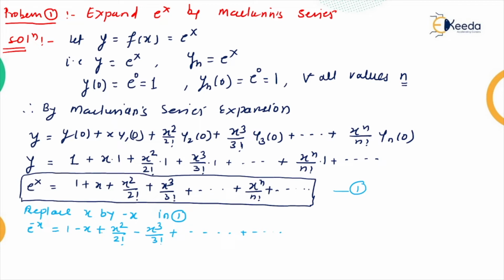We get an infinite series. If it is e to the power minus x, the terms are plus and minus alternately.